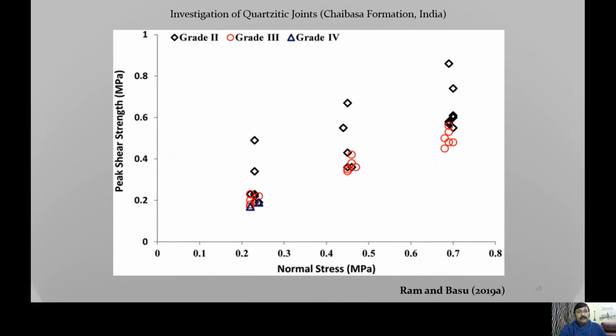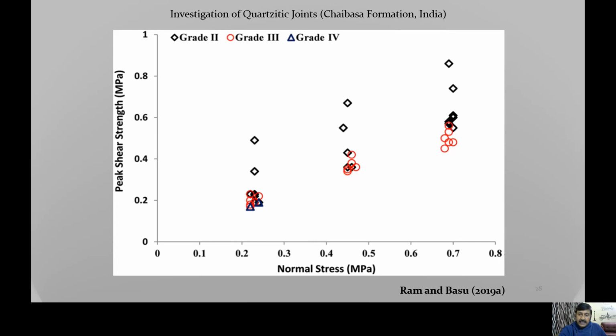It shows that the difference of peak shear strength at different weathering grades gets intensified at higher normal stresses. So the implication of this particular observation is the minor asperities which are present, because planar joint surfaces were considered, the JRCs were equivalent that I already mentioned, and the JRCs were less than 5.